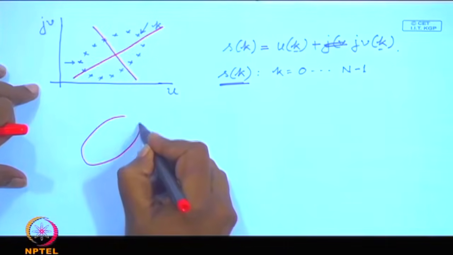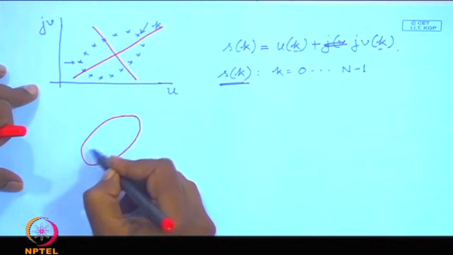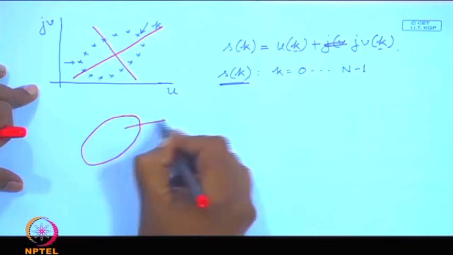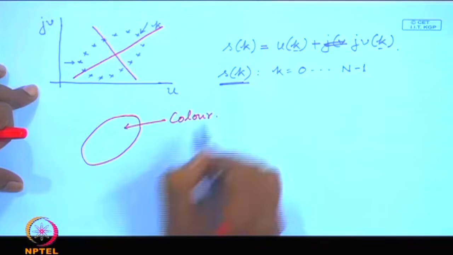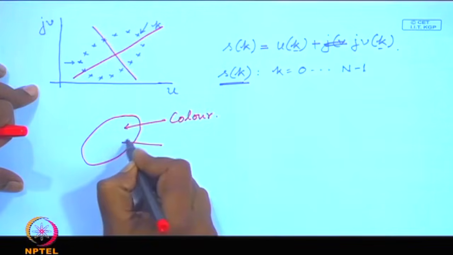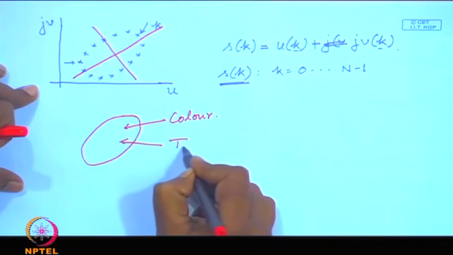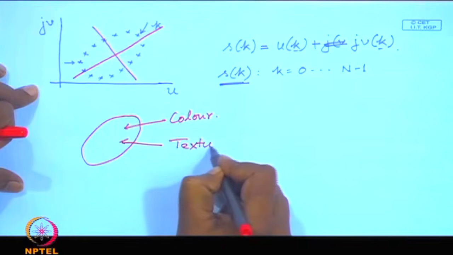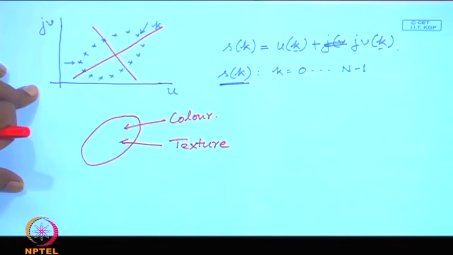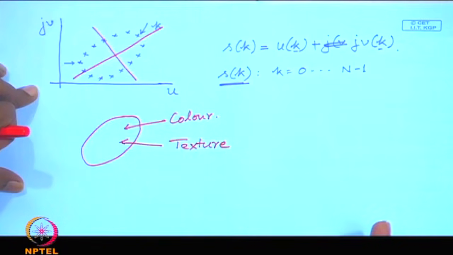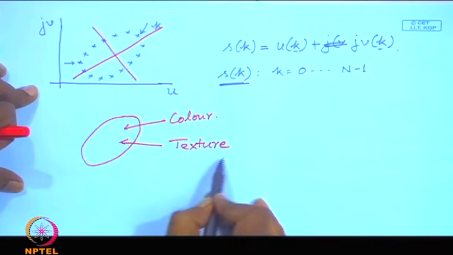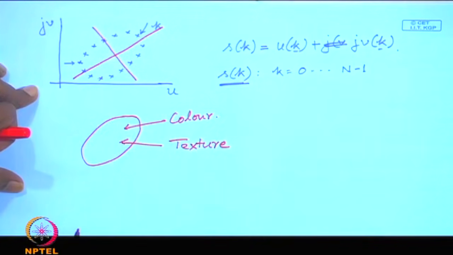Coming to the regional features, the bounded region will have certain color, it can also have certain texture. So, I can extract the color property which I can call color feature, I can extract the texture property which I can call texture feature.